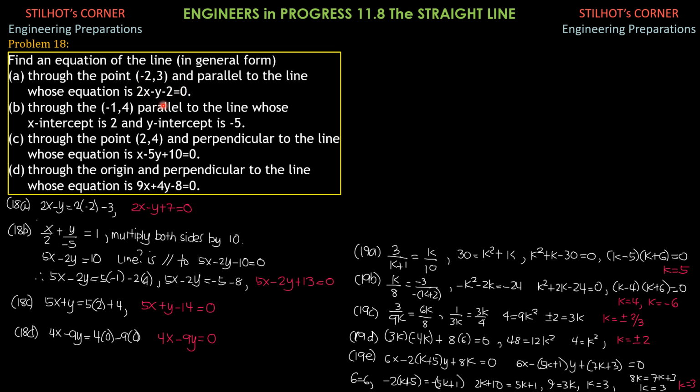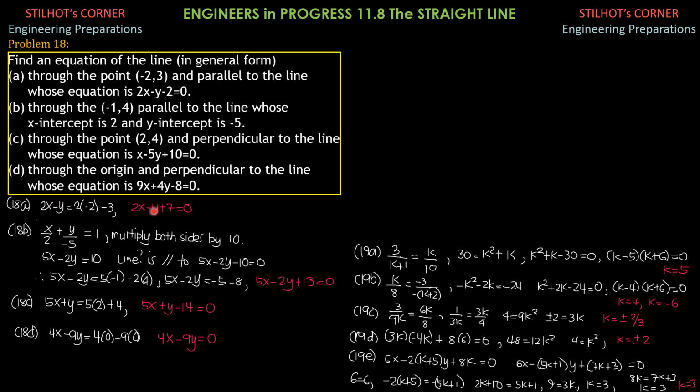So for the two lines to be parallel, the first two terms, 2x - y, should be the same. They only differ in the constant terms. And this is written as 2x - y = 2x1 - y1. That's the guide.